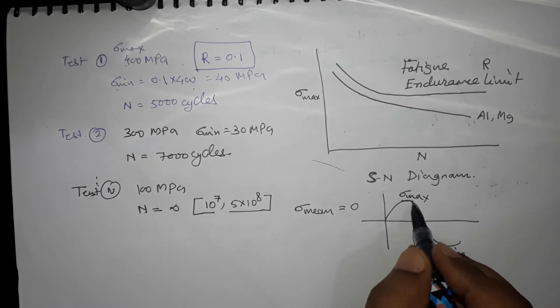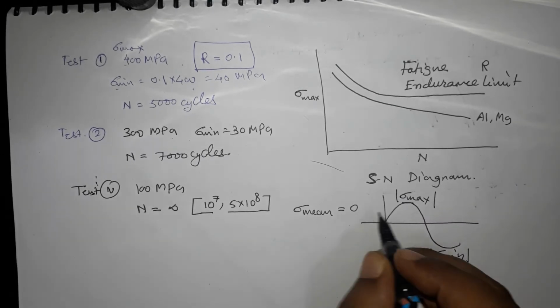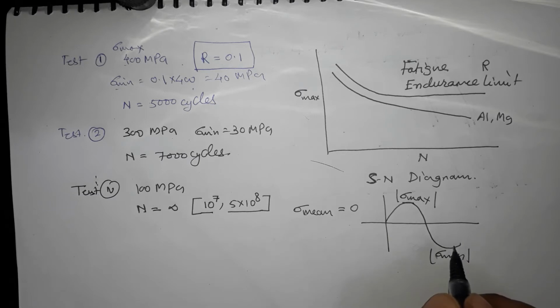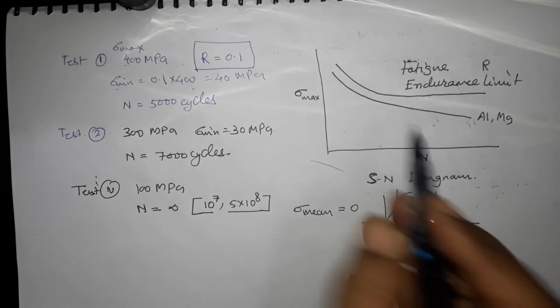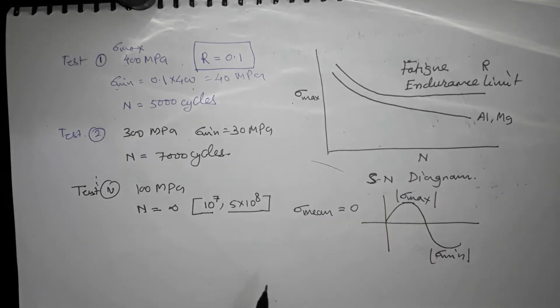So when the mod of sigma max is equal to mod of sigma min, then sigma mean will be 0, right? If this is the case, then usually the diagram is plotted in this way. So you plot sigma max versus N.